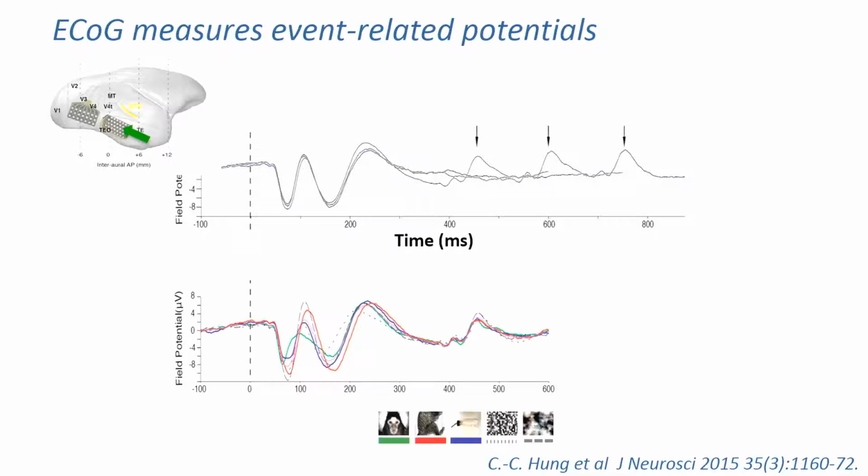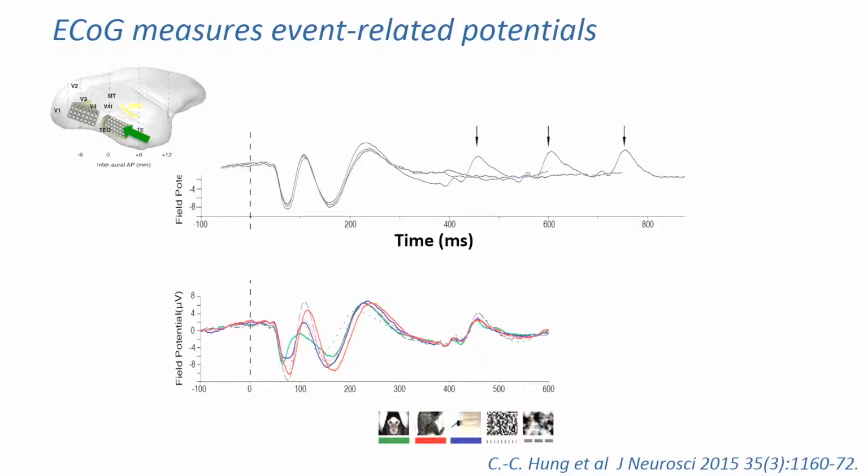And very quickly, just to go through the ECOG data, with ECOG, you have these electrode arrays that you surgically implant underneath the dura, and they just sit on the surface of the cortex, and these electrodes can work for years, so you can use the same subject in a number of experiments throughout the years.